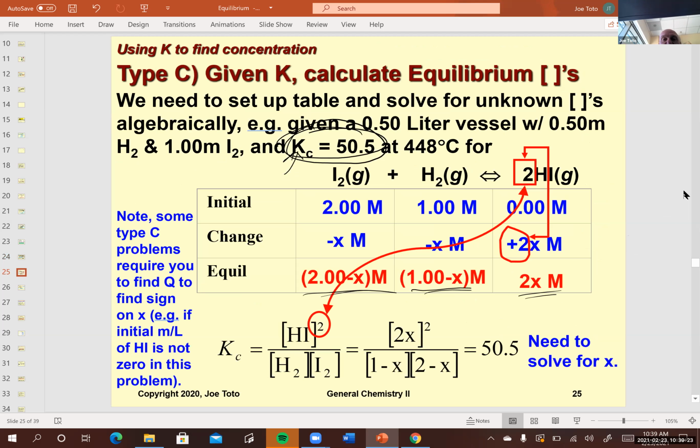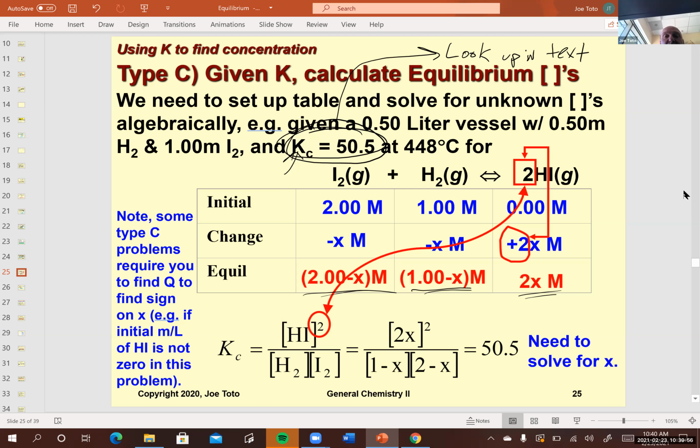All right, now we get to type C equilibrium problems. Remember, in type C, they give you the equilibrium constant. Actually, for a lot of your problems, they're not going to give you this, and you're going to have to look it up in your textbook or online, if they don't give it to you in the words of the problem.